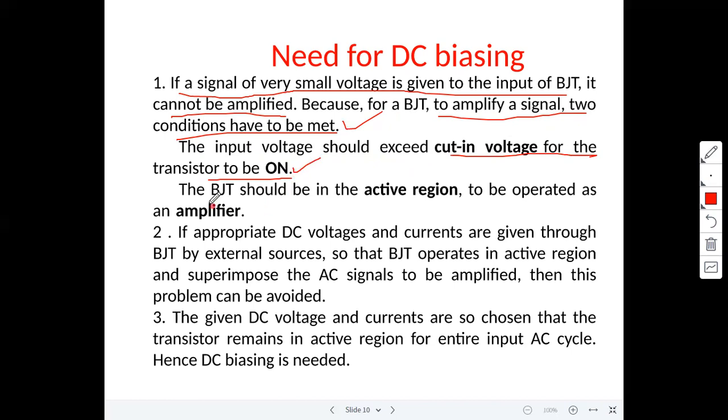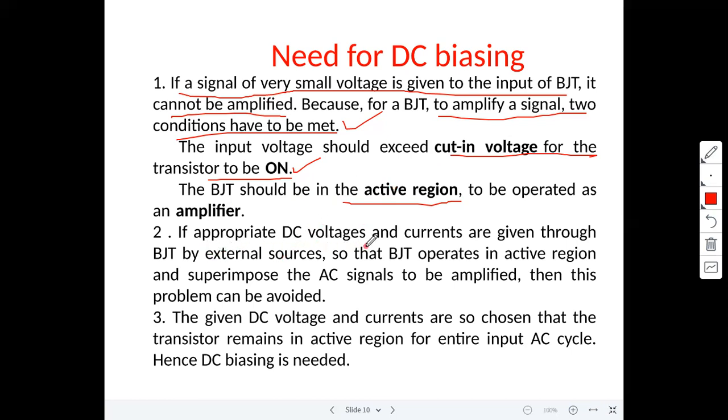And the second one is the BJT should be in the active region. These two are the important conditions. If these two conditions are satisfied, then only the transistor operates as an amplifier, right? One is input voltage greater than cut-in voltage, and the second one is the transistor should be in the active region.